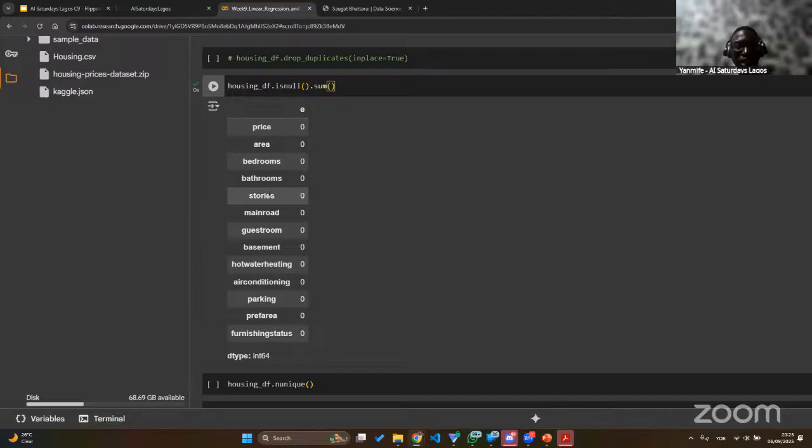If you are doing time series, let's say you are doing forecasting, stock prediction, or weather forecasting, those are very sensitive to time. They are very much dependent on time.